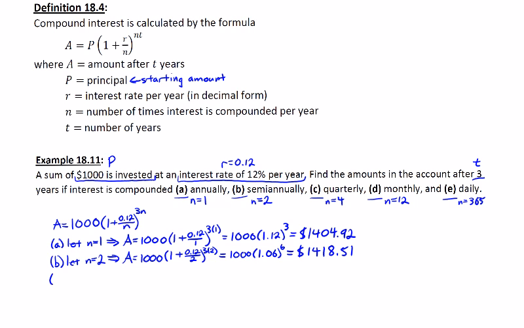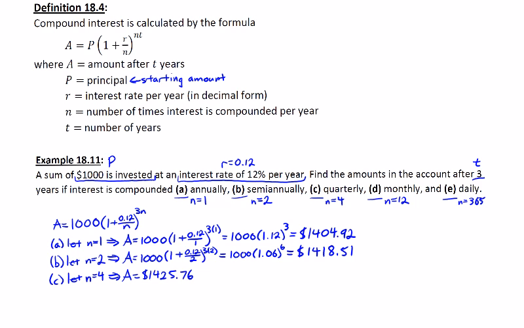For part C, we have n is equal to 4. And I'm just going to go ahead and tell you what the answers are for this so we can see the pattern. If you need to practice the calculation, I would suggest pausing the video and practicing the calculations so I don't spoil the results for you. For n equals 4, you're going to get an amount of $1,425.76.